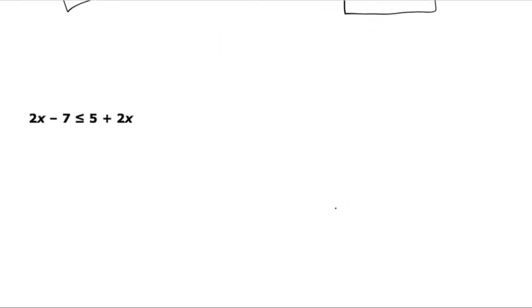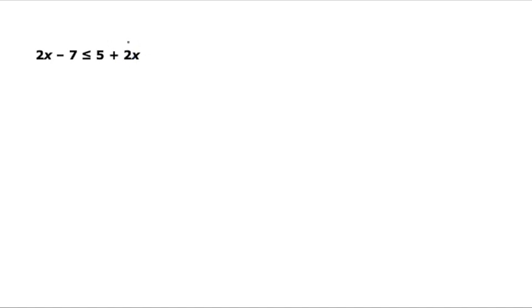So let's do one more. Here I have 2x minus 7 is less than or equal to 5 plus 2x. I see I have variables on both sides of the inequality, so I'm going to start by getting them on the same side.